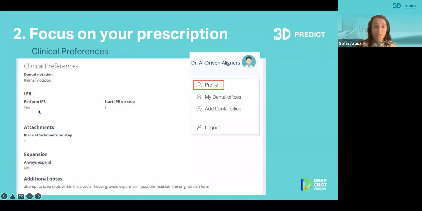Also, are you okay with expanding? Are you okay with not expanding? There are some doctors that don't want to expand at all. And in this case, you can see this particular doctor, because this is a real doctor's account, is telling us he wants to avoid expansion as much as possible and try to keep everything within anatomical boundaries.